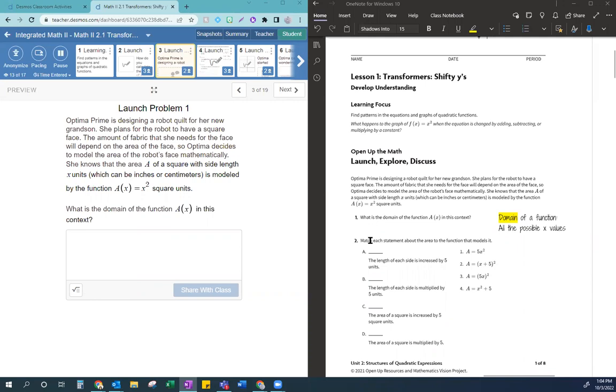Yeah, we could put 2. Someone said 2. Someone said 27. Sure. Okay. Hold on. So can you give me numbers that Optima Prime is not going to use as a side length? What kind of side lengths is she not going to use? Okay, someone put 111. Okay, maybe because that's so big.